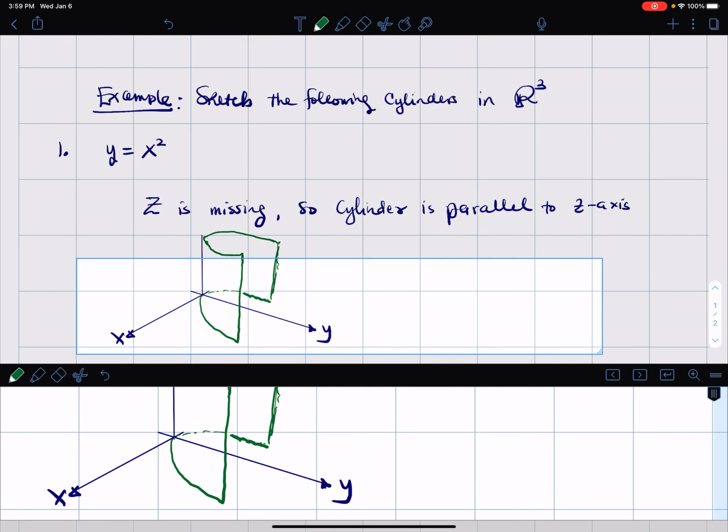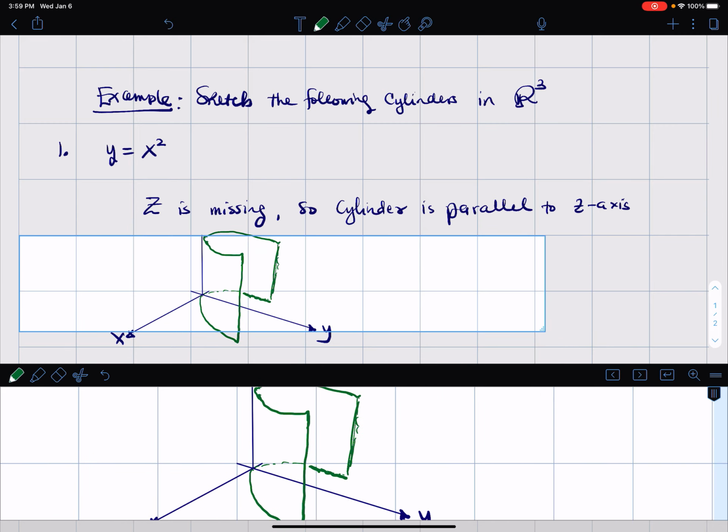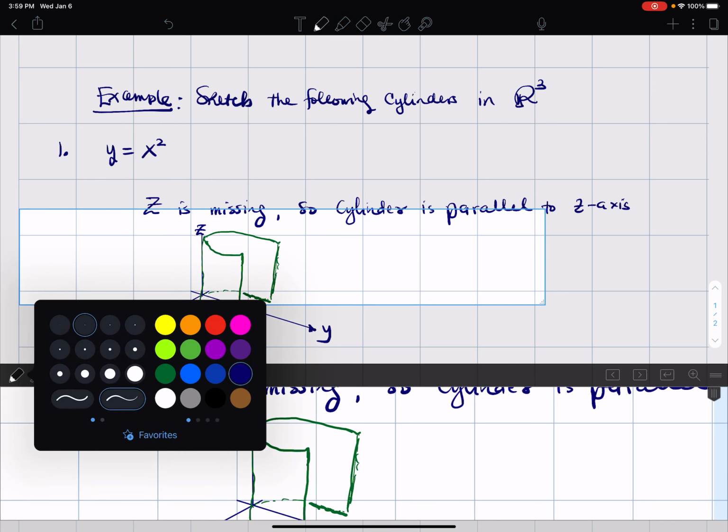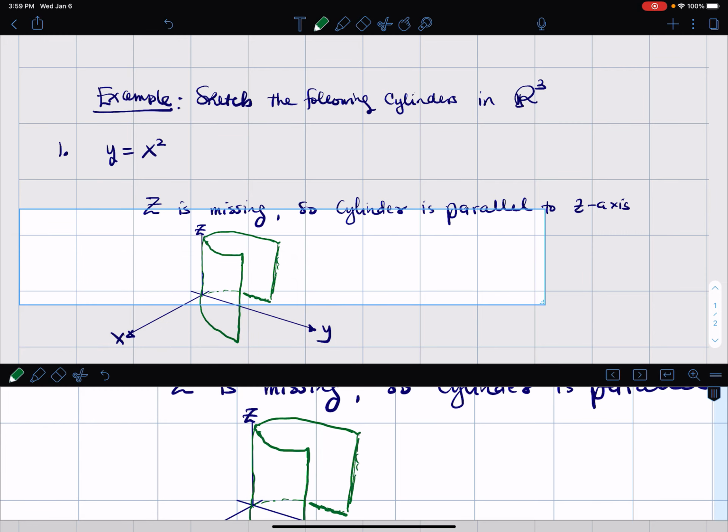So this is like a sheet, like a folded sheet. Okay, so this is your z-axis. So this is your cylinder. So you can think of your curve as the curve C, as maybe this curve.